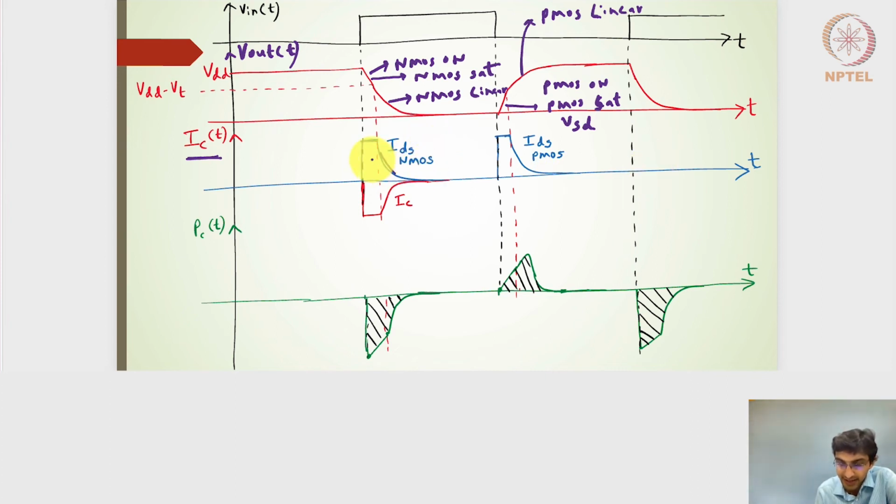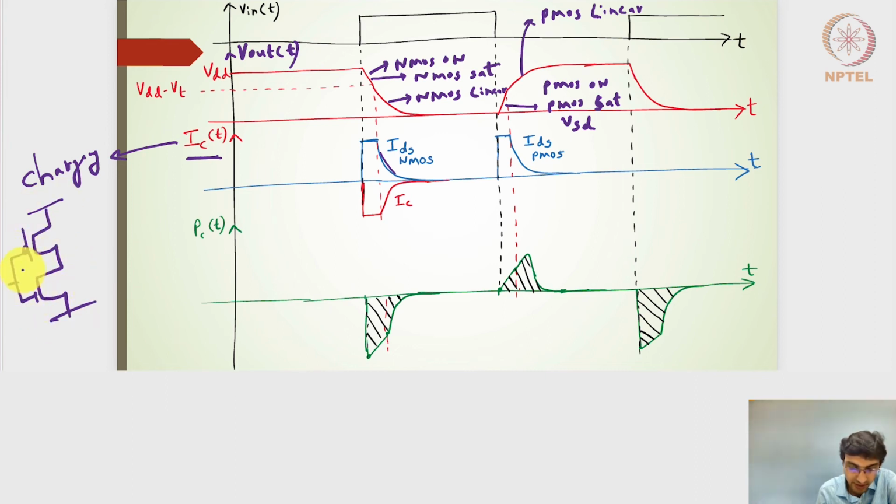So this particular current profile, I have drawn it as the IDS of NMOS and IDS of PMOS. Right? But if I want to consider the capacitor current, and I really want to treat this particular current as the charging current, let's say that this is an inverter and this is my capacitive load.